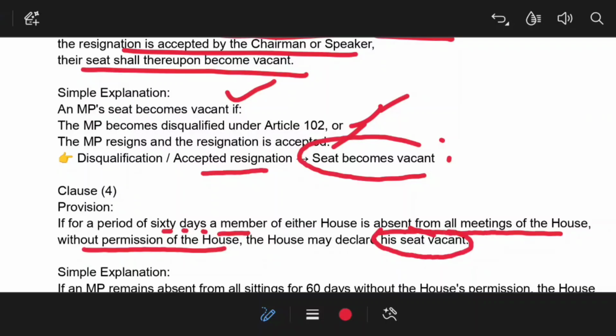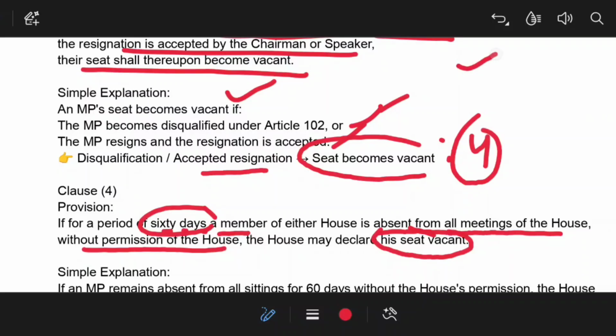So if you are absent from attending the proceedings of either house continuously for 60 days without the permission of the house or without informing the house, then your seat may be considered vacant. This is important. So the 60 days period is very important. If you are continuously absent for the past 60 days without informing the house, then your seat can be considered vacant. Okay, so this was clause 4 of Article 101.